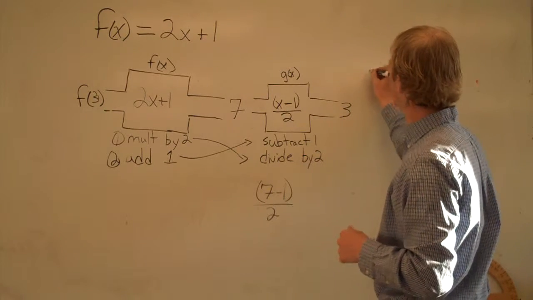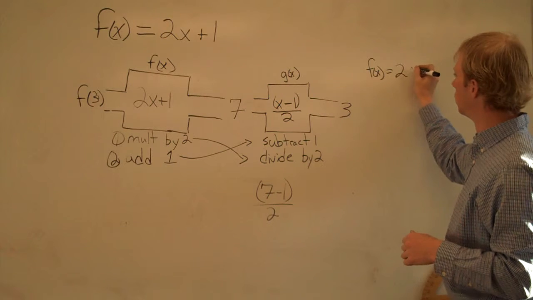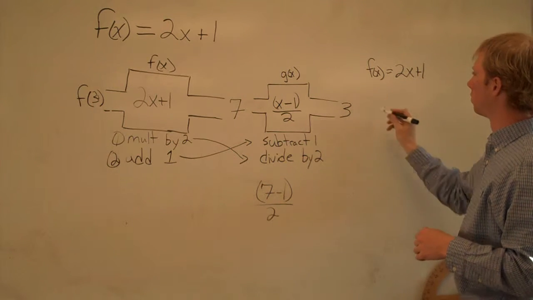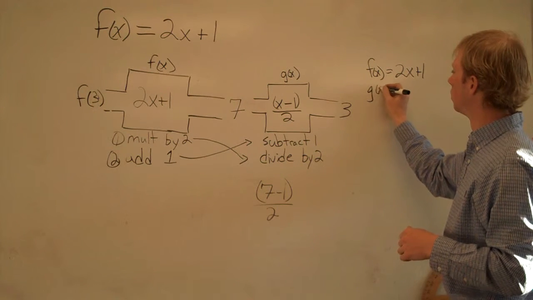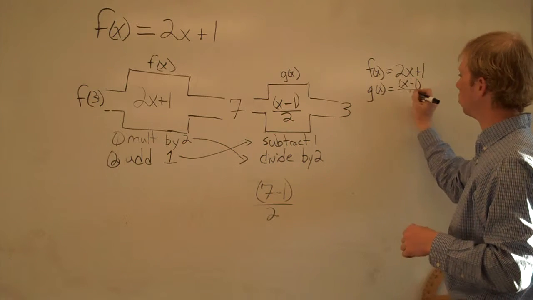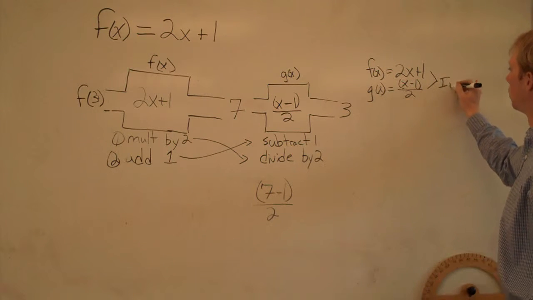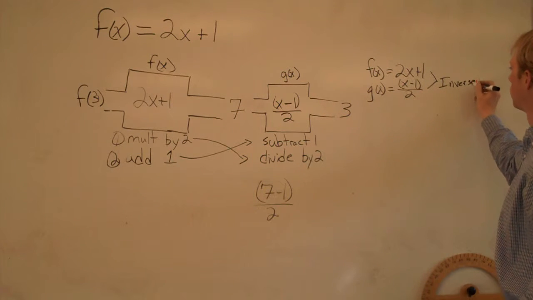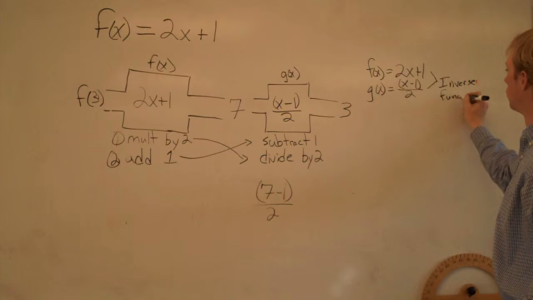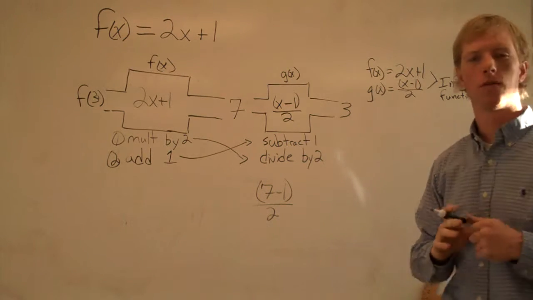Here, f of x equals 2x plus 1. g of x equals x minus 1 over 2. These are called inverse functions. This is a true inverse function.